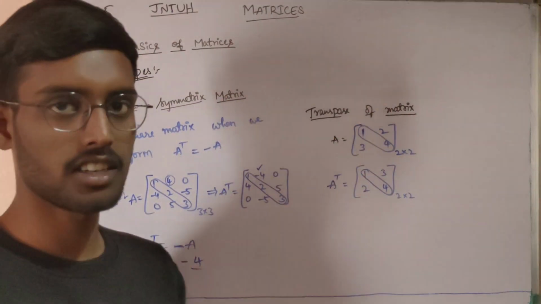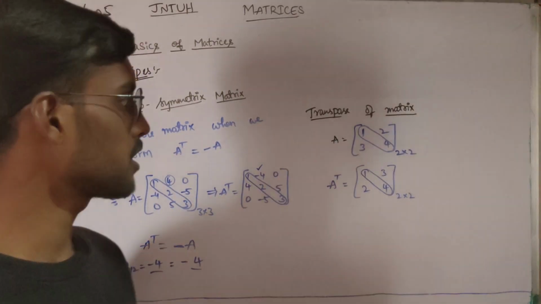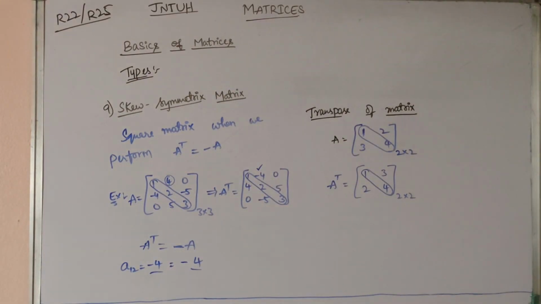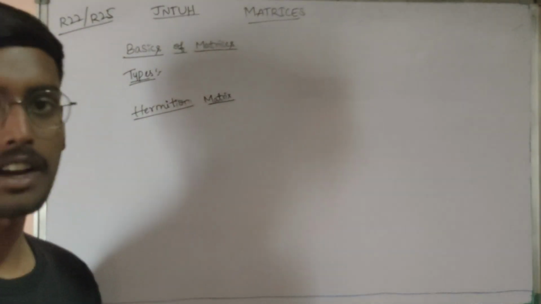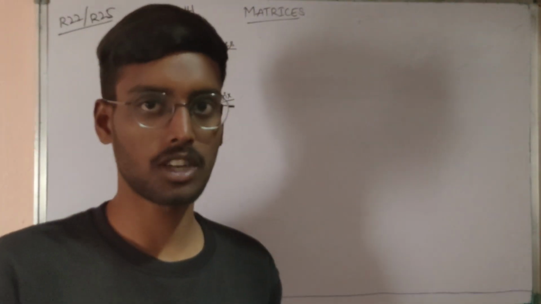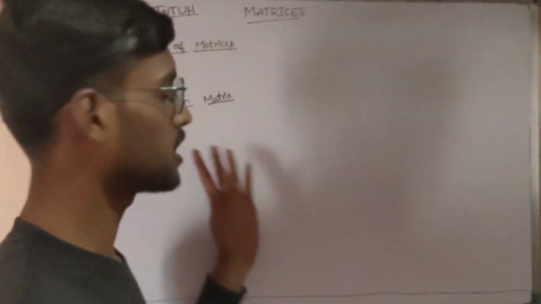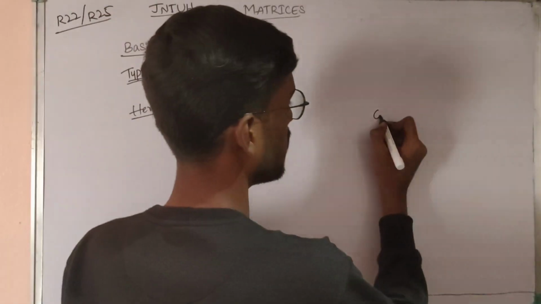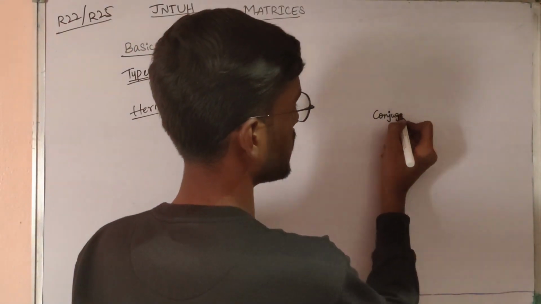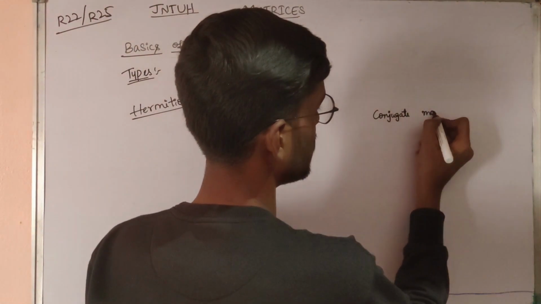Transpose of a matrix is interchanging of rows and the columns. Next, coming to Hermitian matrix and the skew Hermitian matrix, the two types left over. Hermitian matrix lo first we need to understand what is the conjugate of a matrix. Okay, conjugate matrix.